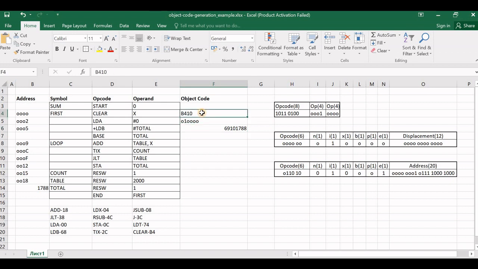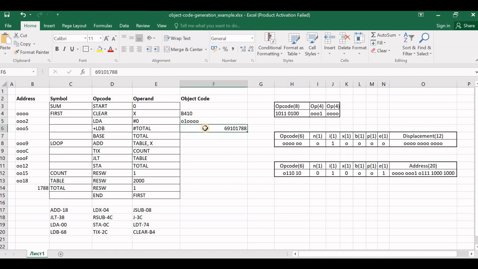The first instruction has 4 hexadecimal digits, and 2 hexadecimal digits equal 1 byte, so it is a format 2 instruction occupying 2 bytes. The next object code has 6 hexadecimal digits, meaning 3 bytes, since this is a format 3 instruction.